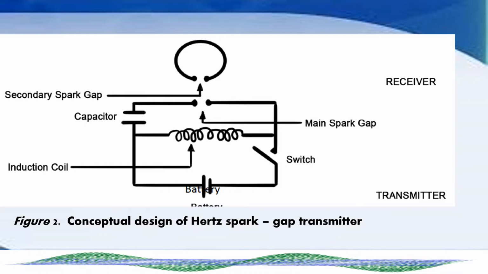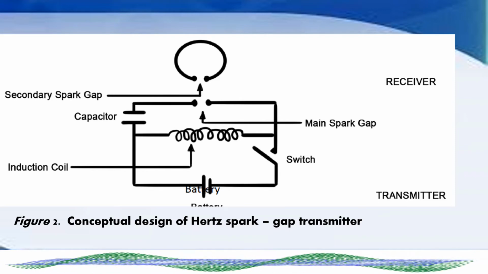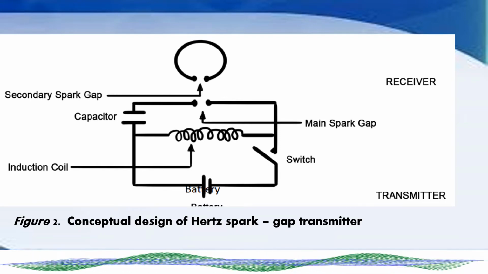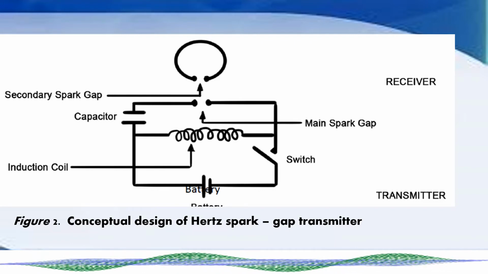He produced them using a piece of electrical equipment called the induction coil. The induction coil converted low voltage direct current electricity from a battery into high voltage alternating current electricity. The electricity crossed a small air gap at consistent intervals as a spark.